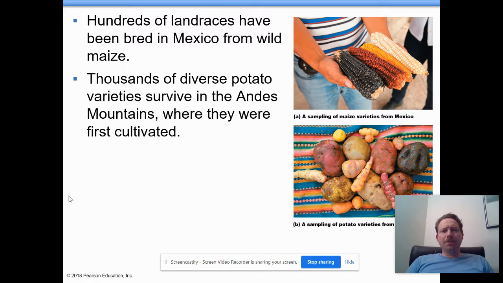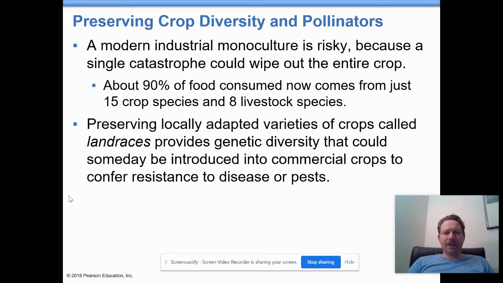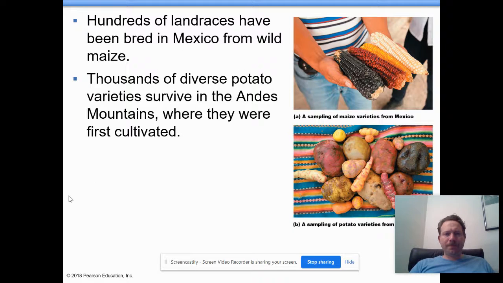Hundreds of what we call land races have been bred in Mexico, as it said down here. It's to help preserve locally adapted varieties or land races. In Mexico, we have wild maize and thousands of different potatoes in the Andes Mountains.